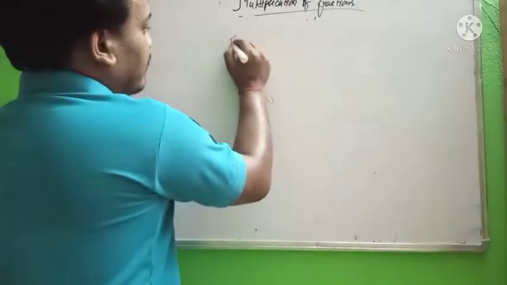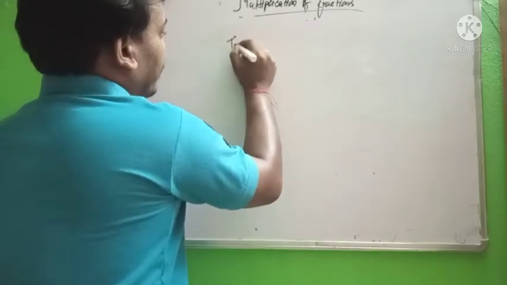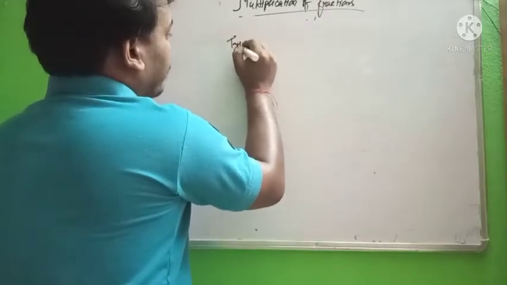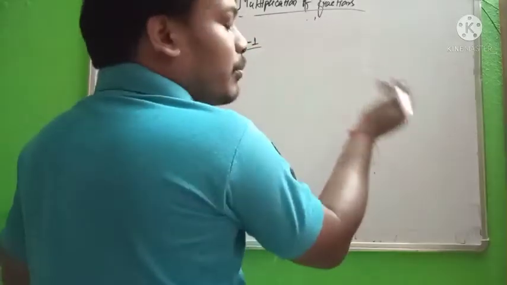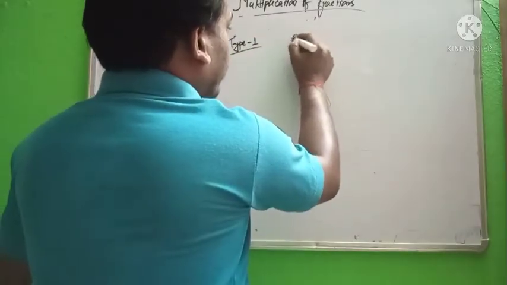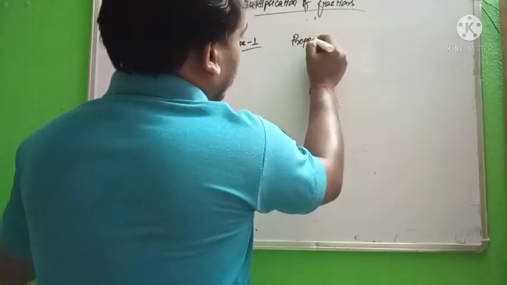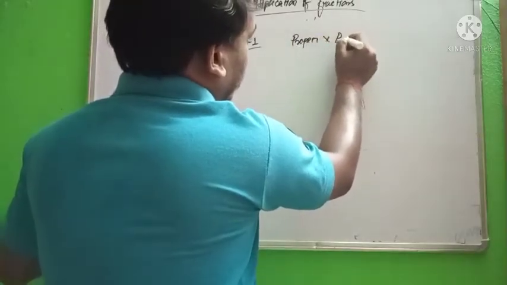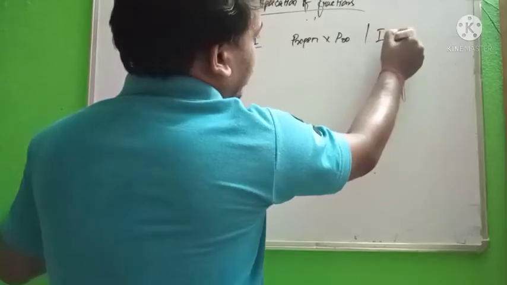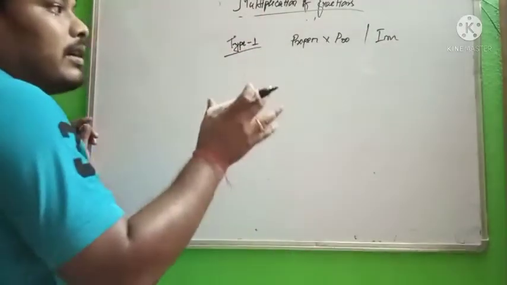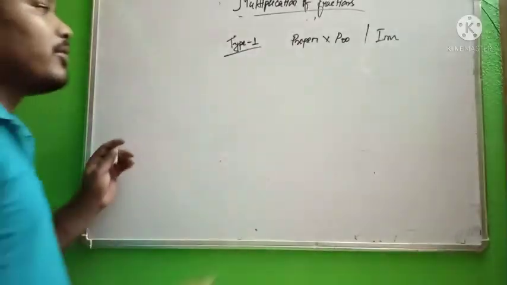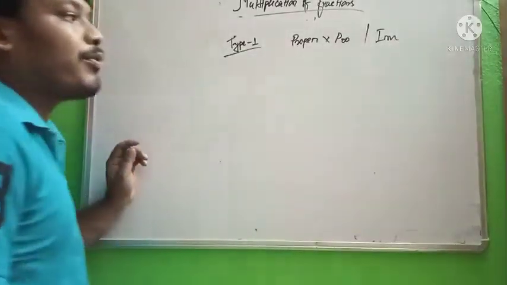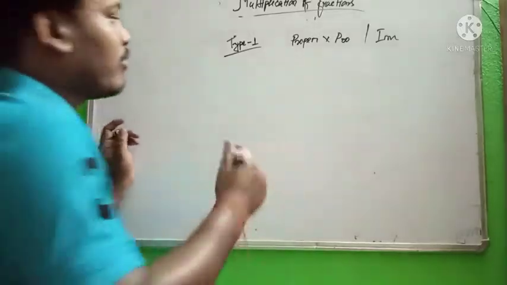Type 1: when both fractions are proper or improper, no problem. We will classify only when a mixed fraction comes. So first, proper fraction into proper fraction or improper into improper, no problem.